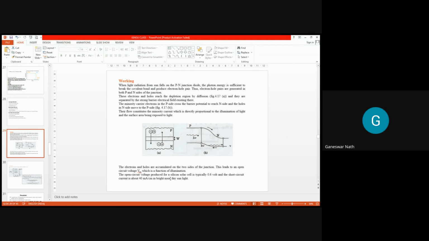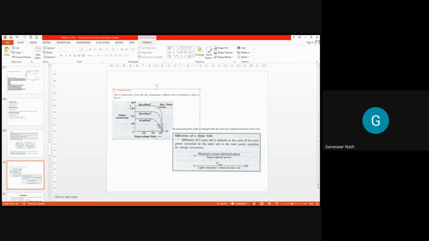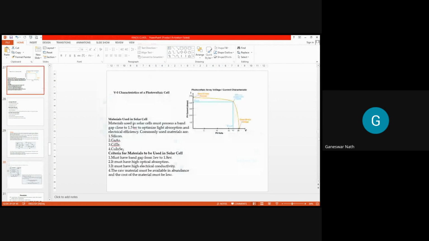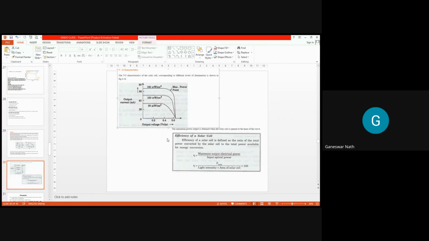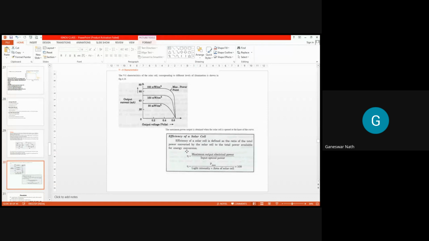And this is the V-I characteristic I told you about. You can see that with the increase of the voltage, the current also goes on increasing here. And the different power output you can find for the different voltage and the corresponding current. And I put the maximum here.